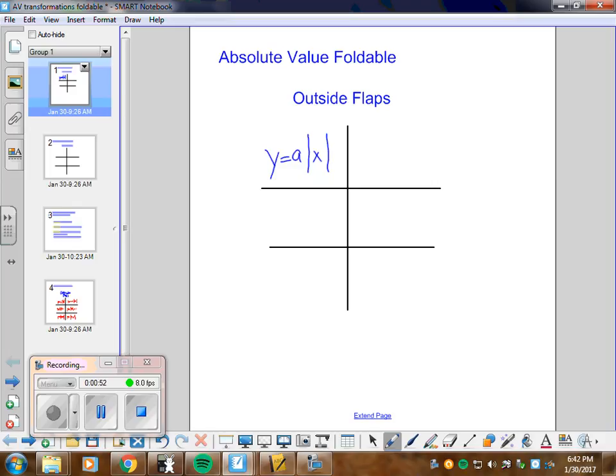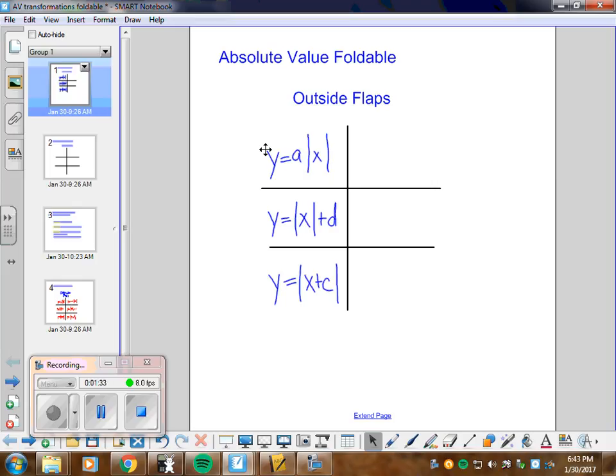Now we're going to go down this side of the flap. The next one will be Y equals absolute value of X plus D. Then the bottom flap will have Y equals absolute value of X plus C. So the first flap has A times the absolute value of X. The second flap has the absolute value of X plus D, so it's outside the bars.